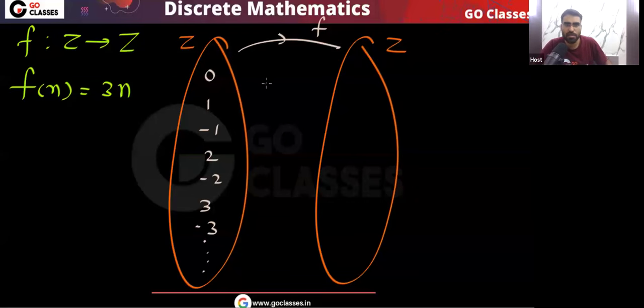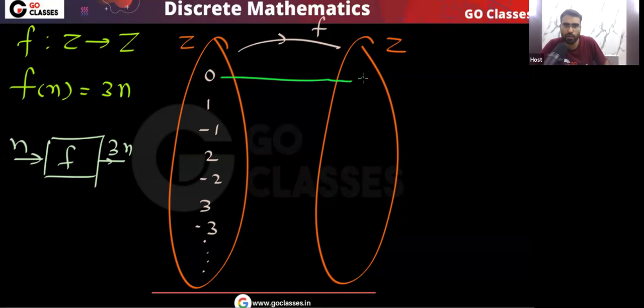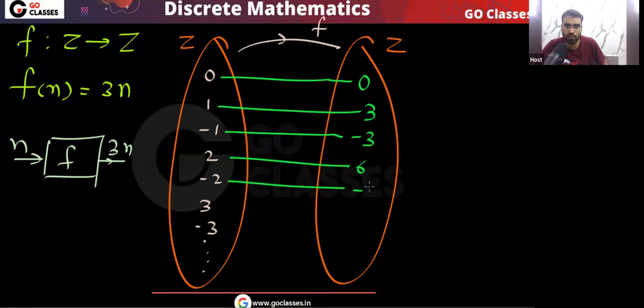If you give the input n, then the output you will get will be 3n. So 0 will map to 0, 1 will map to 3, -1 will map to -3, 2 will map to 6, -2 will map to -6, 3 will map to 9, -3 will map to -9, and so on.